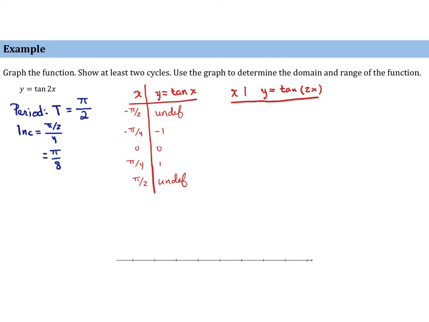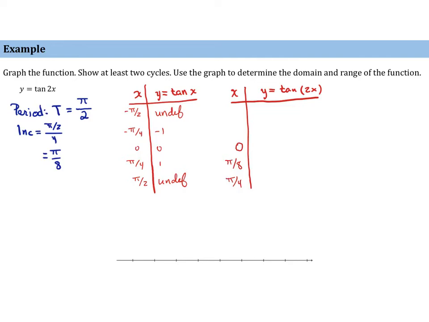For this transformed function, the outputs are not changing, it's the inputs that change. So maybe to best see what's happening, let's look at x equals 0. If we compress that by a factor of 2, it will not change. But then we can go out from that our increment of pi eighths. So 0, pi eighths, and then 2 pi eighths.